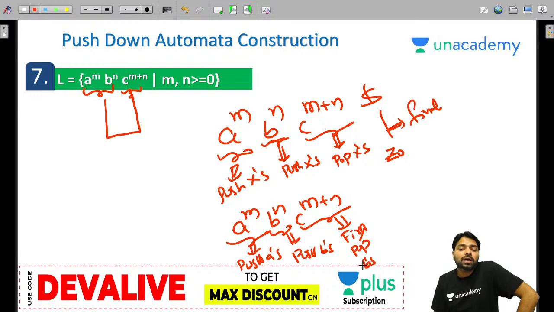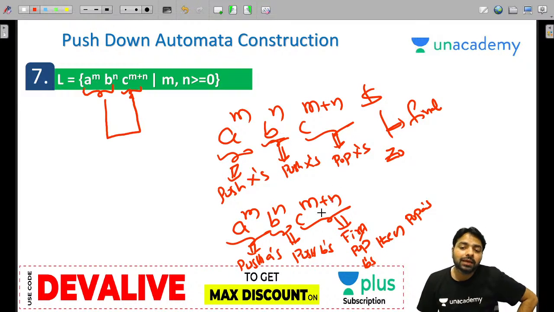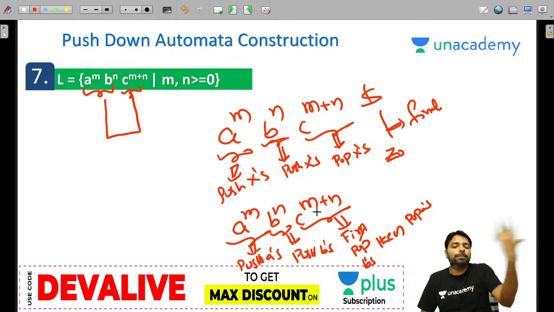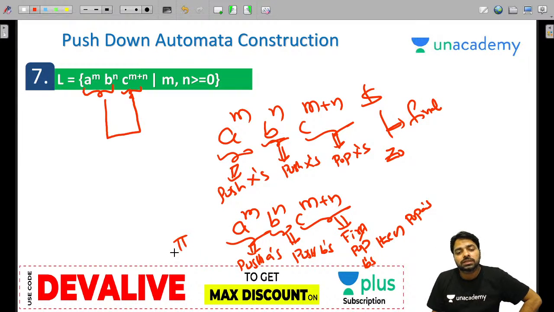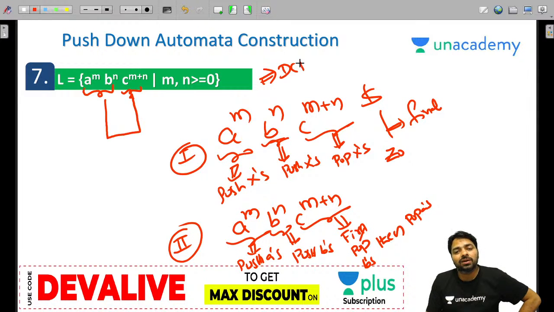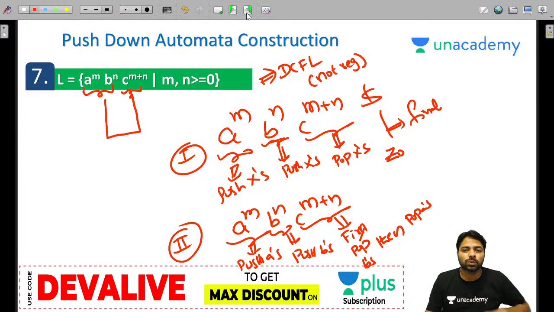When the b's are over, you will get a's, then pop a's. Every c pops b, as long as b is there, then every c pops a. So anyhow there are two logics, second logic and first logic, and it is DCFL, no doubt about it. But not regular. Yeah, seventh one.